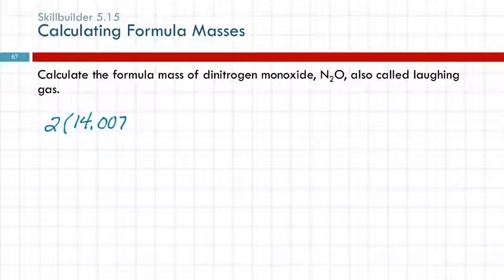And what's the unit? AMUs. Because we're talking about individual atoms here. So that many AMUs. And how many oxygens? There's 1. So we have 1 oxygen times the atomic mass of oxygen.